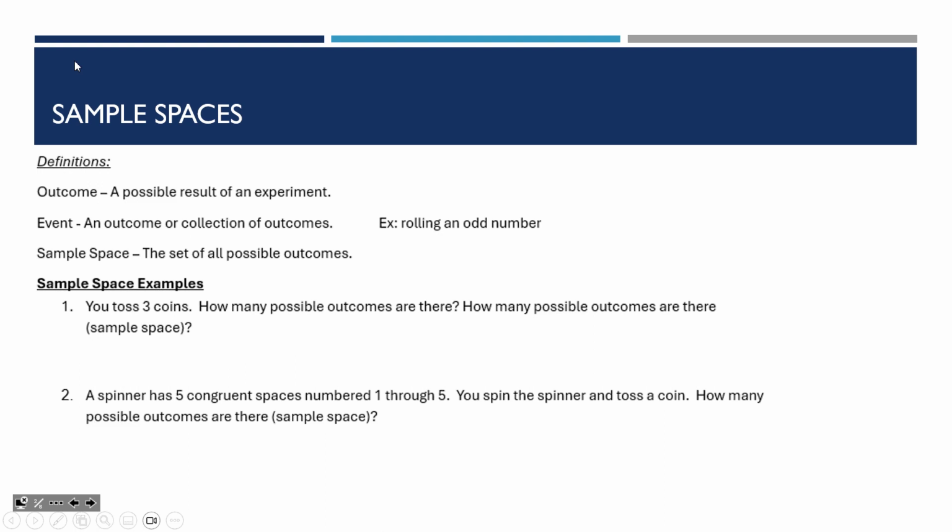So tossing 3 coins, well, I know on each coin, I could get either a head or a tail. So on coin 1, it could be a head. On coin 2, it could be a head. And then on coin 3, it could also be a head.